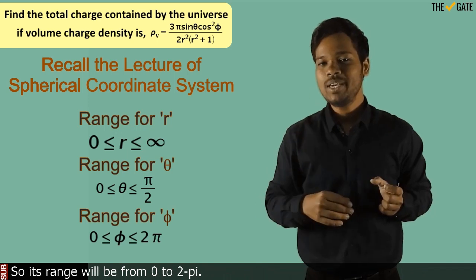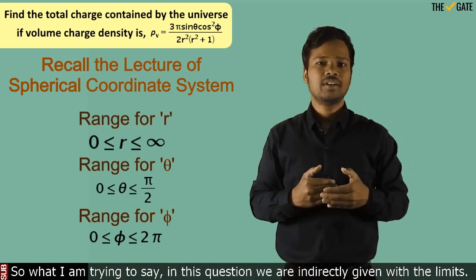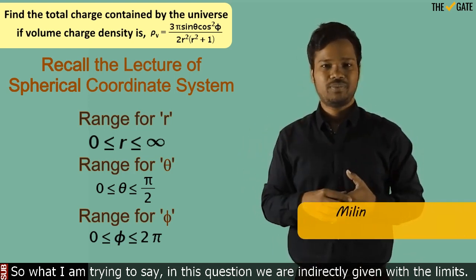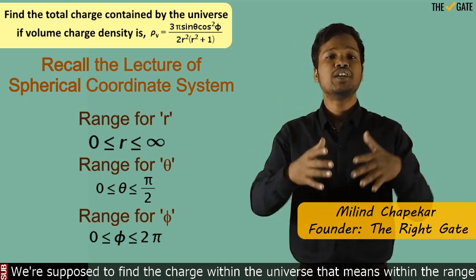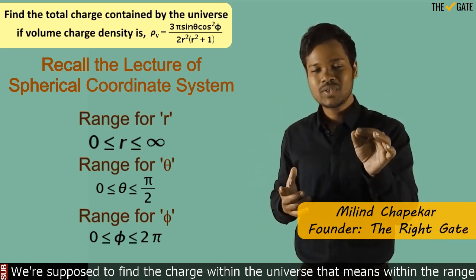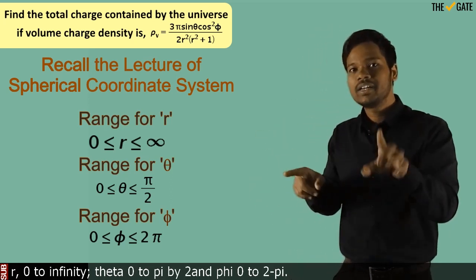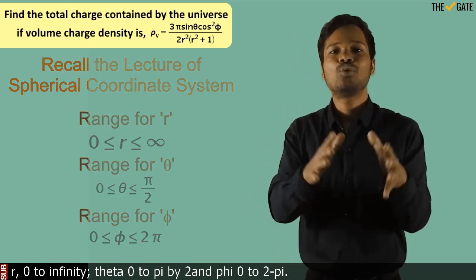So its range will be from 0 to 2 pi. So what I am trying to say is, in this question we are indirectly given the limits. We are supposed to find the total charge within the universe. That means within the range r 0 to infinity, theta 0 to pi by 2 and phi 0 to 2 pi.